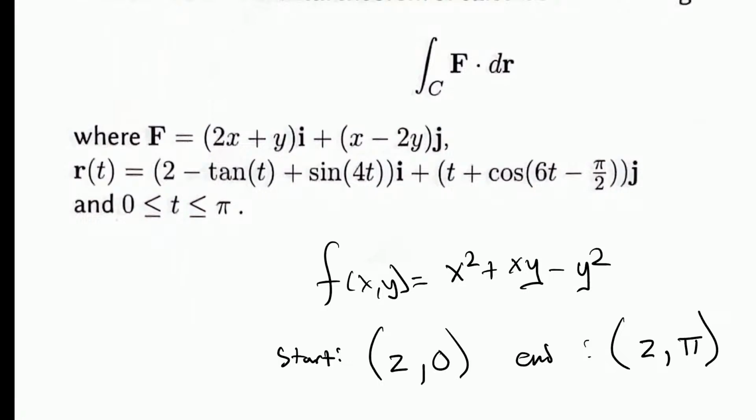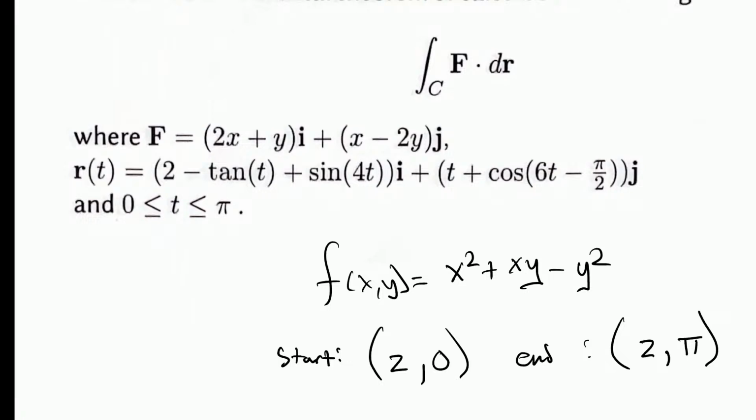And then the end point, tangent of pi is 0, sine of 4 pi is 0, so that's all just 2. This will be pi plus cosine of 6 pi minus pi over 2. I don't know what that is, but it's a right angle, so the cosine is 0. So the end is going to be 2 and pi.